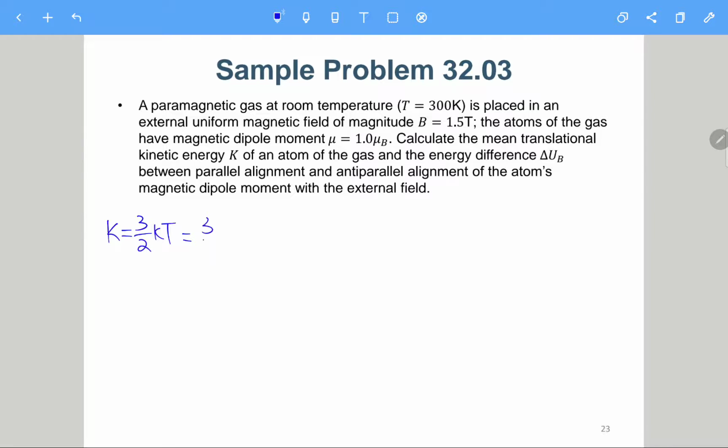So it is 3/2 times the Boltzmann constant, 1.38 times 10 to the minus 23rd power, and then the temperature is 300 Kelvin. So this is 6.2 times 10 to the minus 21 joule. This is the average kinetic energy for the gas at this temperature.